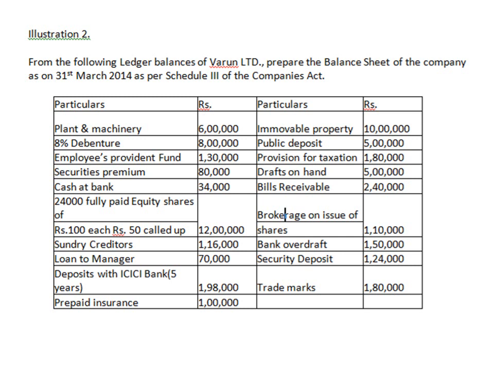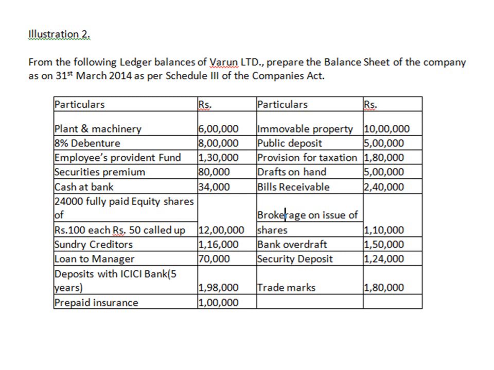Public deposit comes under long term borrowings. Then we have provision for tax. Any provision which we make for tax is a short term provision. Draft on hand again should be added with cash at bank and shown under cash and bank balances. Bills receivable should be shown under trade receivables.